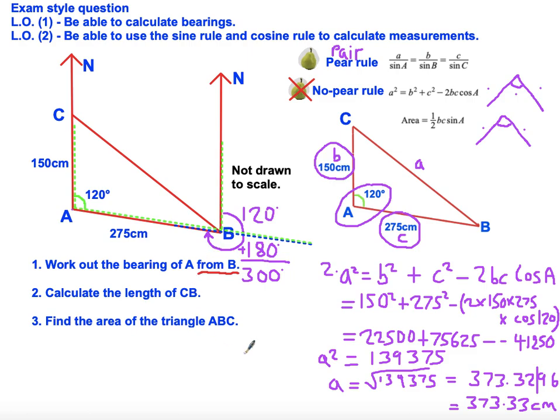Now finally we have to find the area of the triangle using half BC sine A. So I'm going to do this over here.